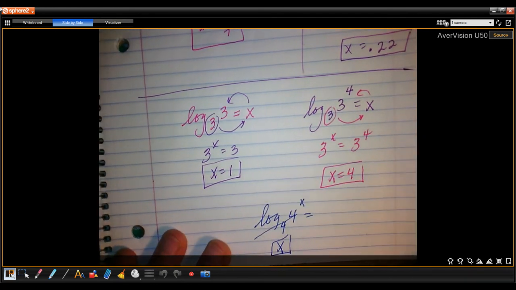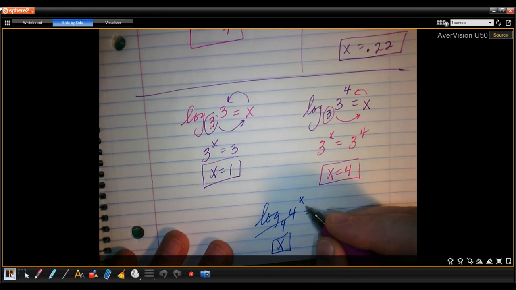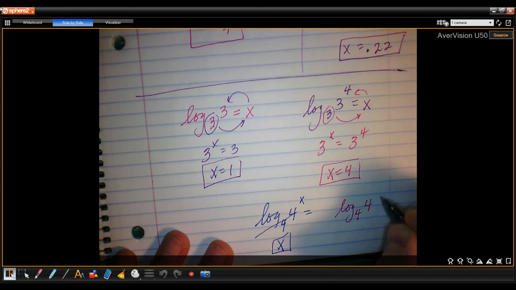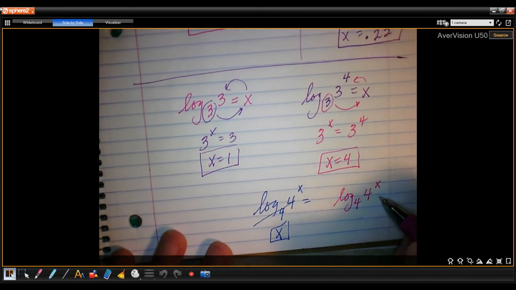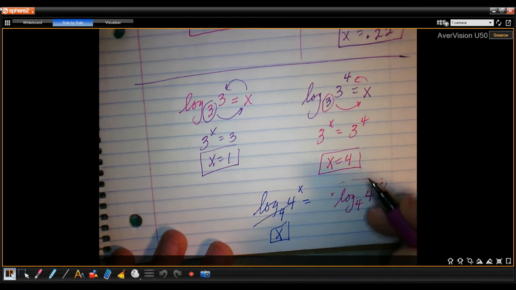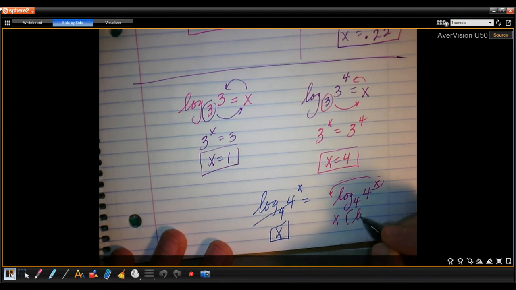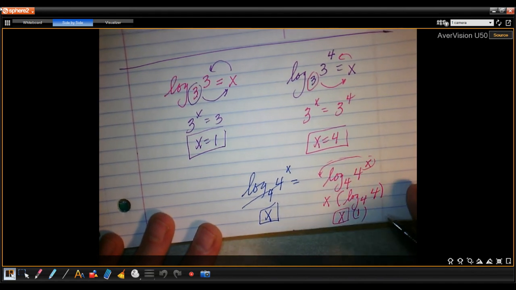Well, why does that work? Because, let's go here. If you put this x right here, so I'll rewrite it. So log base 4 of 4 to the x. Remember a second ago the power rule? This is the power rule that you learned. So right here, that would move to the front of the log, right? So it'd be x times log base 4 of 4, which we just learned is 1, times x, so the answer is just x.